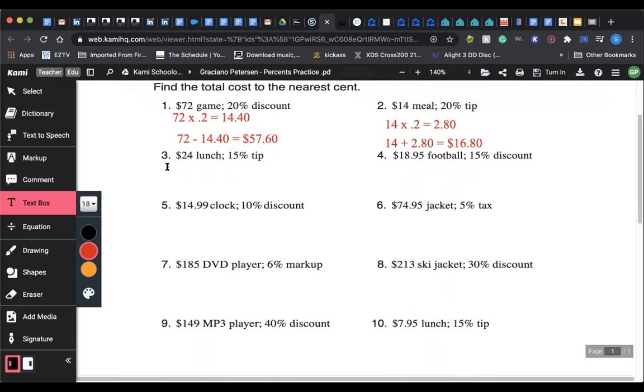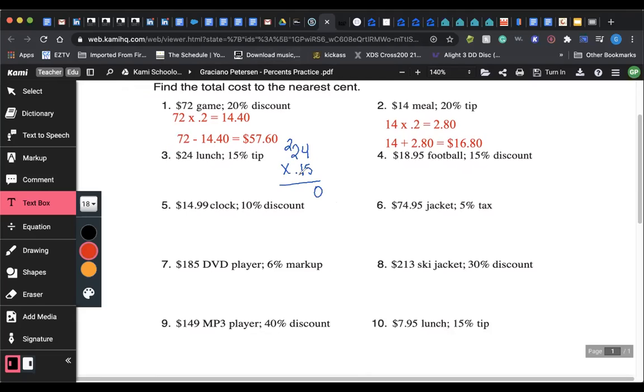Number 3 says I have a $24 lunch with a 15% tip. So what do I do here? Well, that's easy. You change the 15% to the decimal, 1.15, and multiply it by 24. Okay, good.